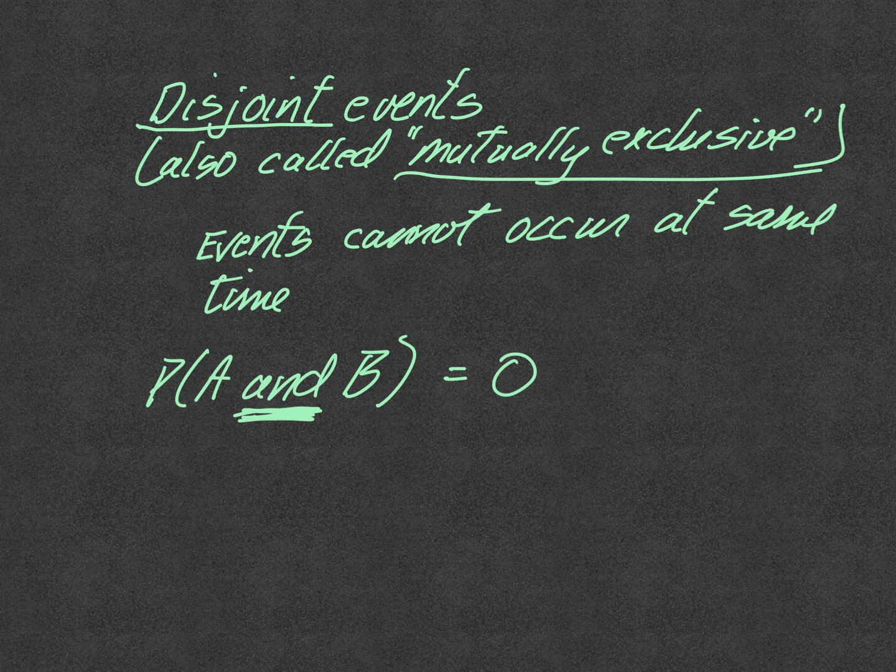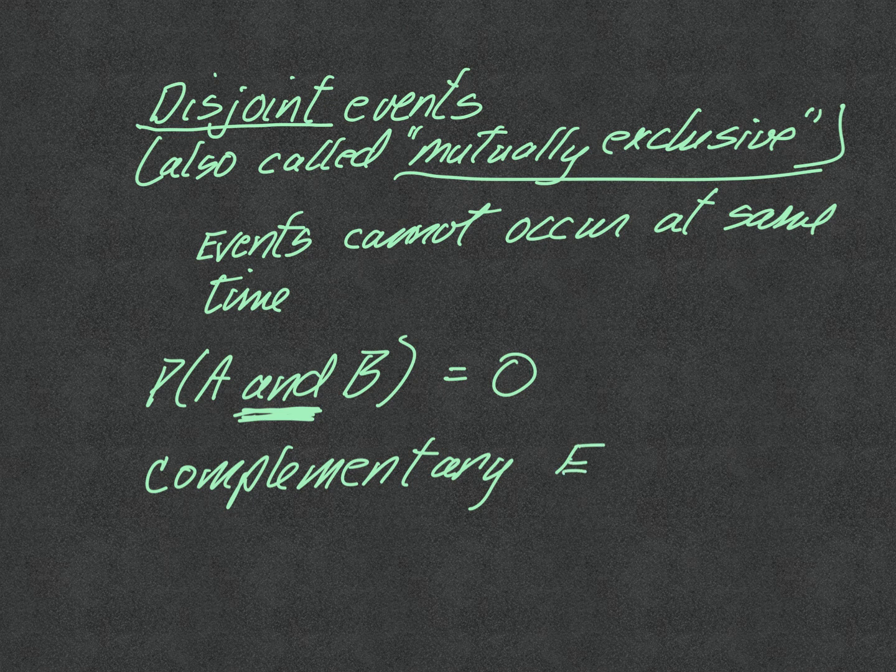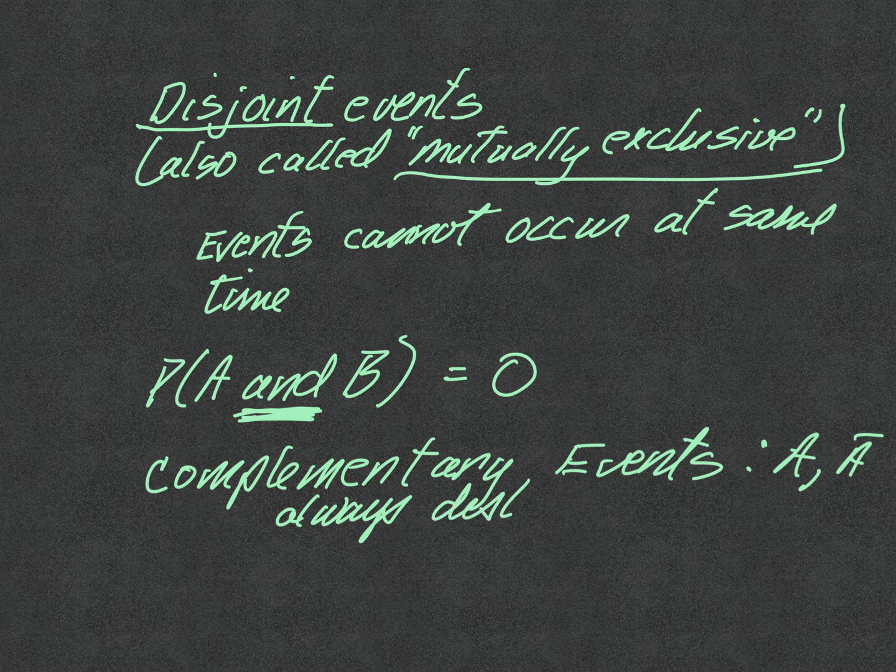Now, if you have complementary events, if you remember, the complement of an event is everything not in the event. So if you have complementary events, A and A bar, they are disjoint. Complementary events are always disjoint, mutually exclusive.